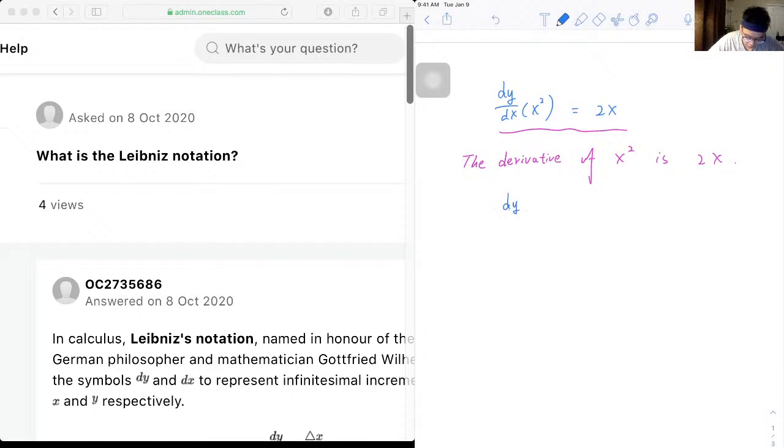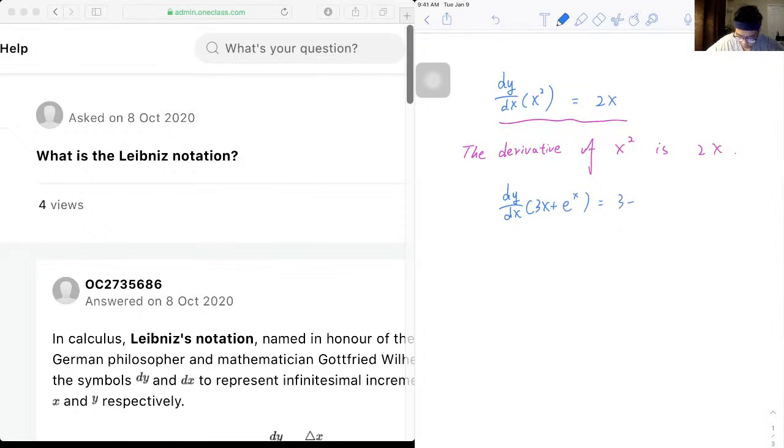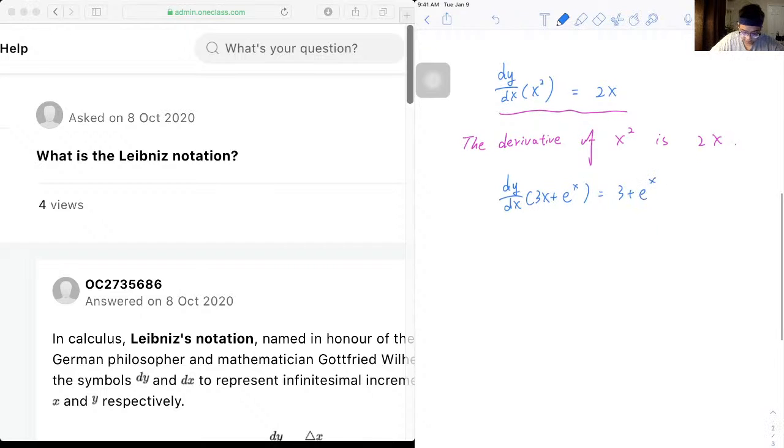Okay, so let's try one more. Let's say dy dx of 3x plus e to the exponent of x, and this is going to be equal to 3 plus e to the exponent of x.